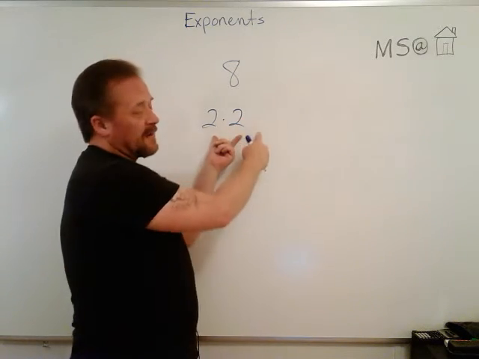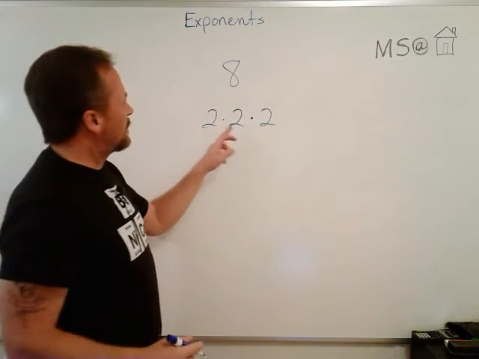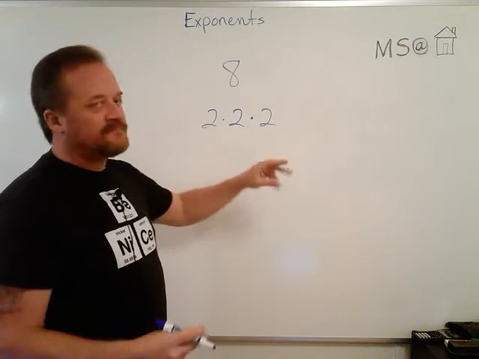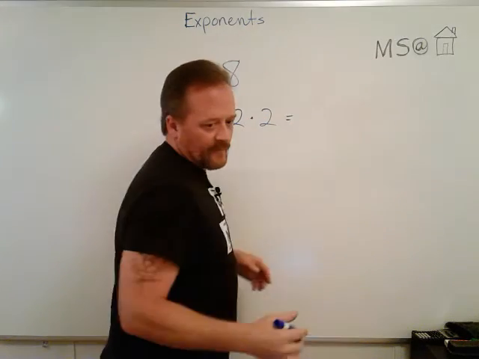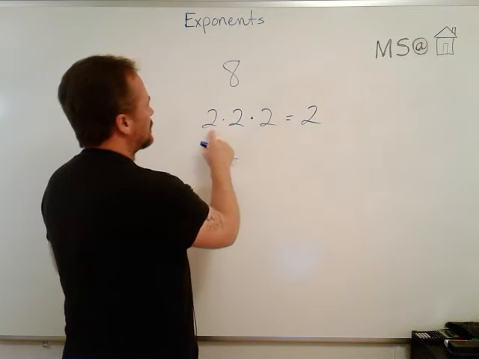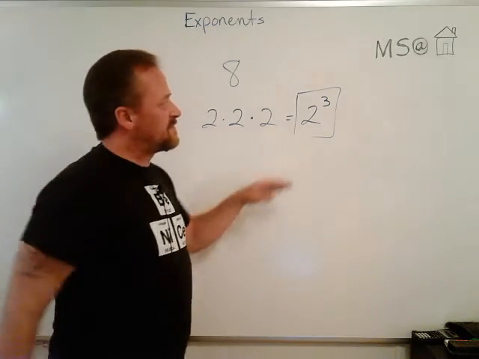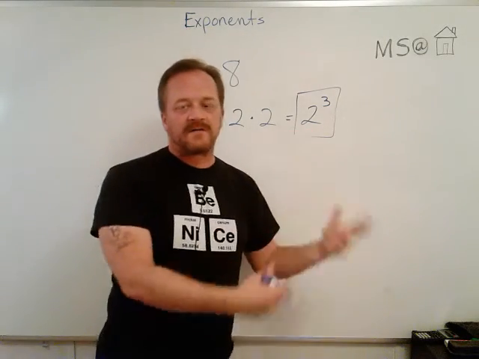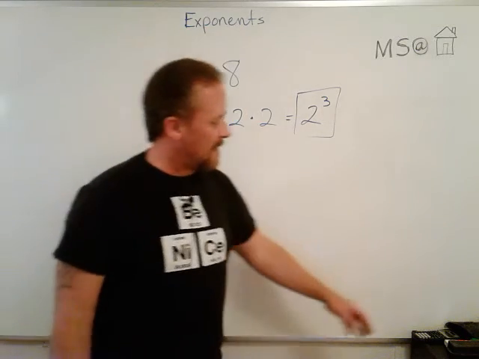Can I write another 2 right here and make that 8? 2 times 2 is 4, 4 times 2 is 8, voila. Okay, and if I wanted to show this in exponential form, because that's what they're asking for, I have the base 2 represented 3 times. So the African elephant is 2 to the 3rd power tons, or 2 to the 3rd tons, okay? Not too bad.